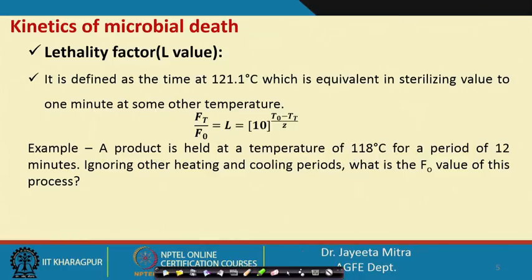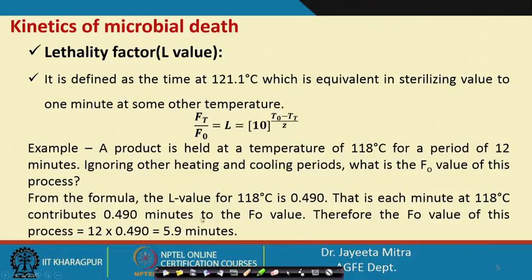For any kind of heat treatment, we first heat it, then maintain it at a particular temperature during the holding period, and then gradually it is cooled. So, here ignoring the heating and cooling period, we focus on only the holding period, that is 118 degree for 12 minutes. We need to find the F0 value for this process.